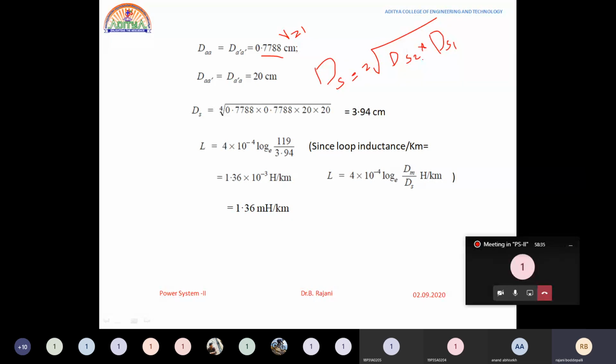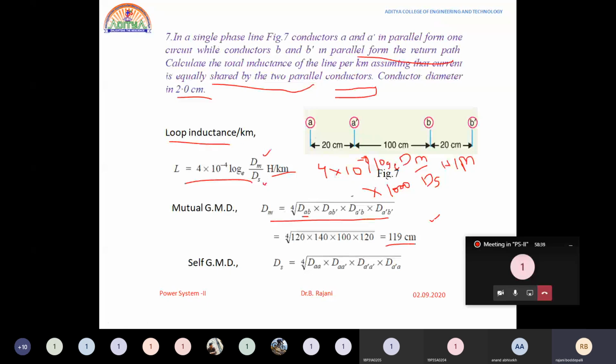Again we have to find DBB also over here, in the same way into DB dash, DB dash B dash, DB dash A. What is BB? B to B it is self, 0.7788 into 1. It is 0.7788. And DBB dash is what? B to B dash's distance is 20. You will be getting 20. And again B dash is 0.7788 into R. B dash to B is again 20. You will be getting the same value.